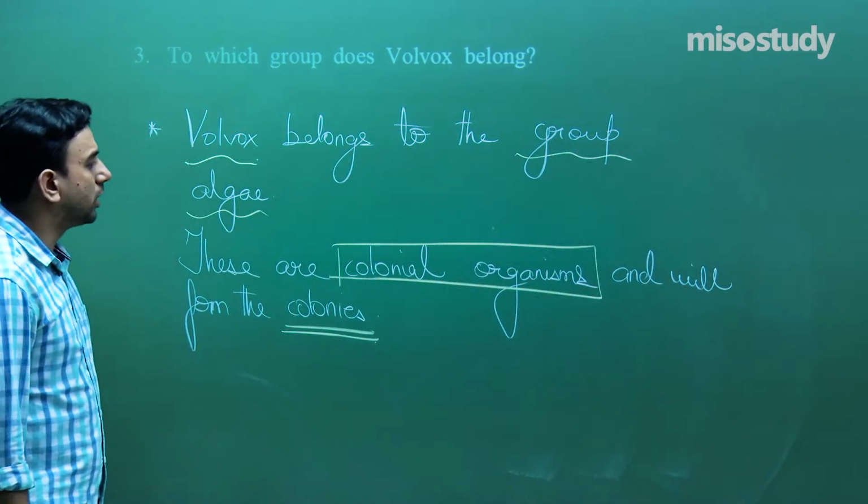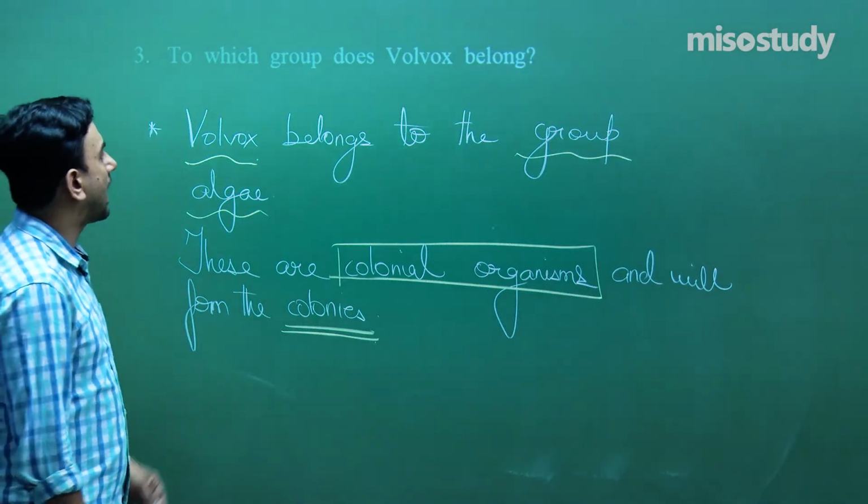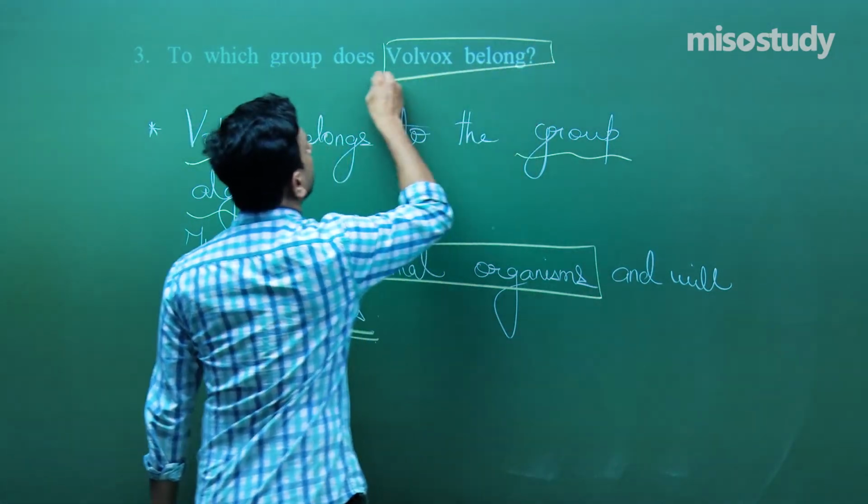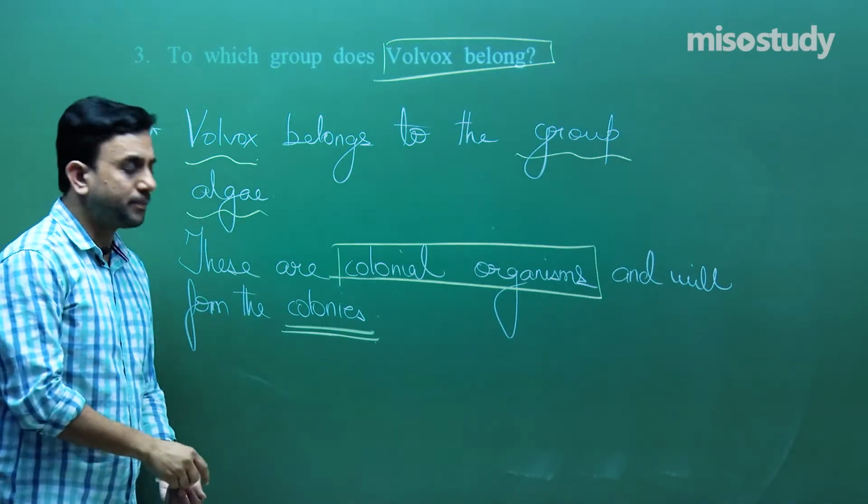So, these are colonial organisms and will form the colonies, and this is what the volvox belongs to.